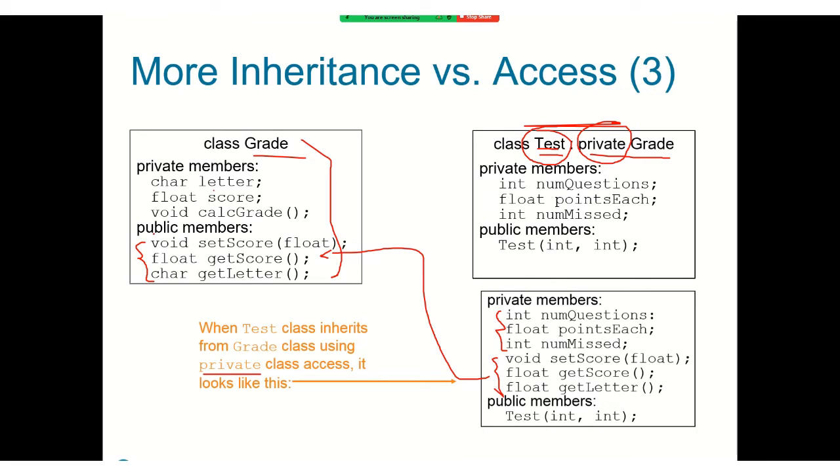Although they are public in the grade class, they are private in the test class, because the test class is inheriting from the grade class using the private access modifier. And then the only public members in the object that you instantiate are the test members. So that is the difference between how you inherit.